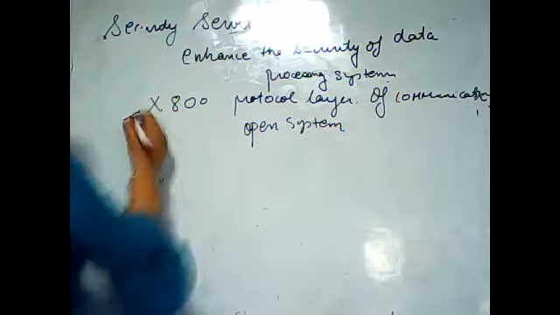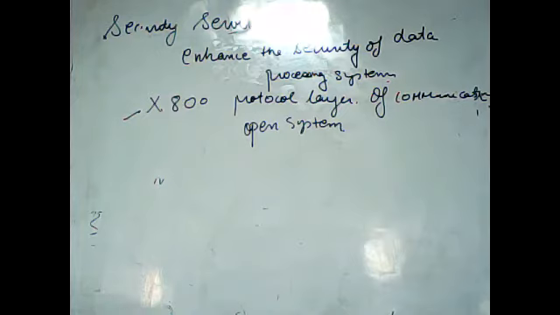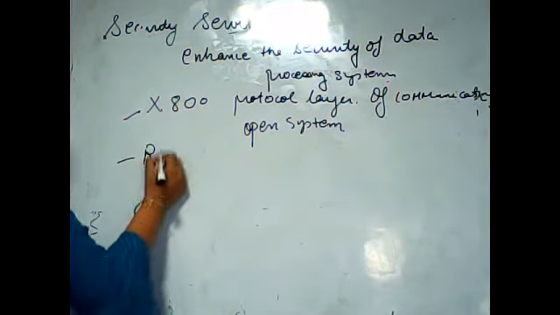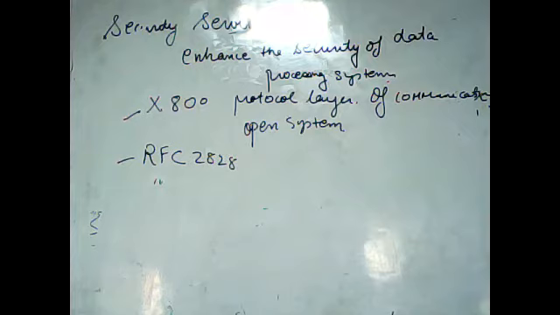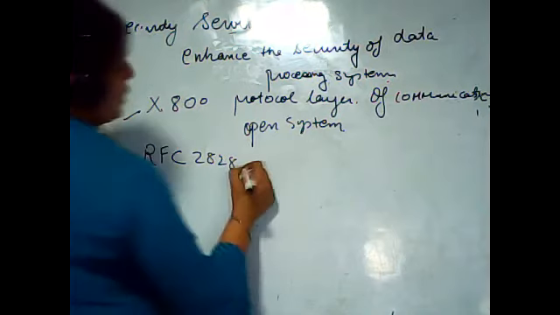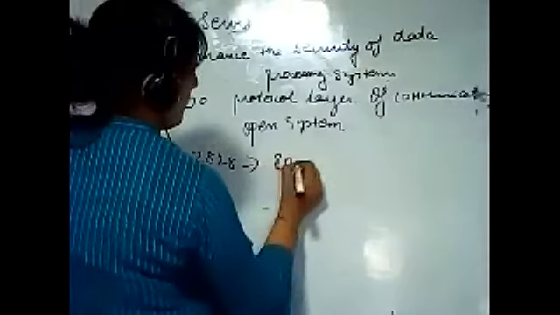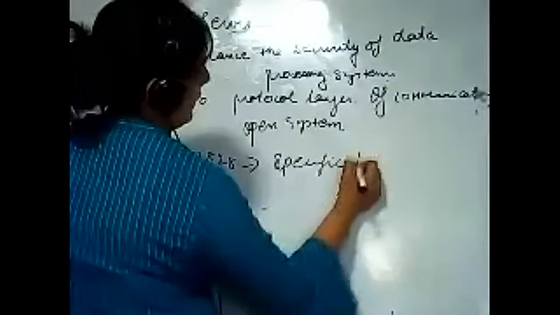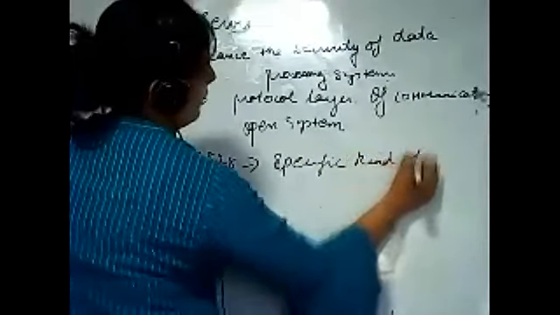So this is one of the services that we can use, that is X.800, and then we have RFC 2828. RFC 2828 describes a processing or communication service provided by a system to give a specific kind of protection.